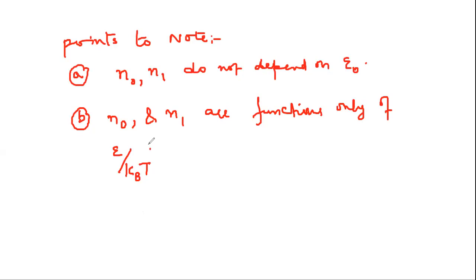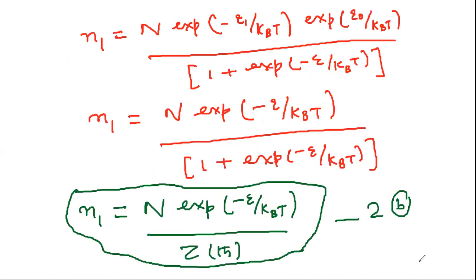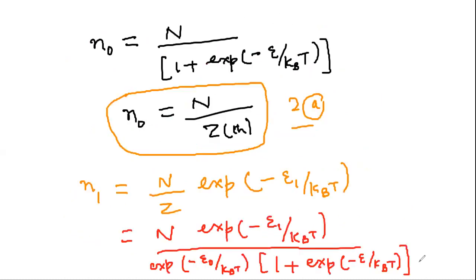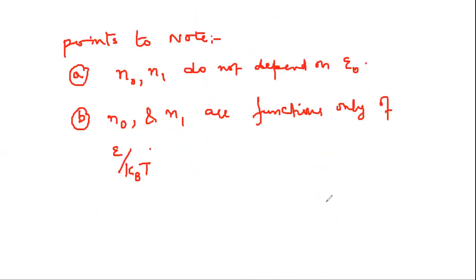You can see from the expression, they are functions of only epsilon by kT. Check. N1 contains epsilon by kT, rest is constant, and N naught contains epsilon by kT. This is another point to note.